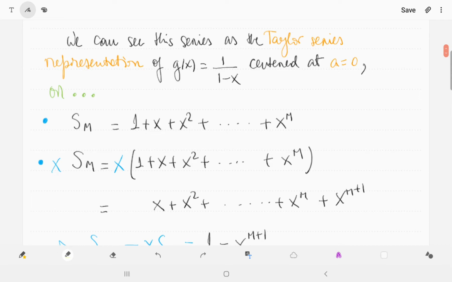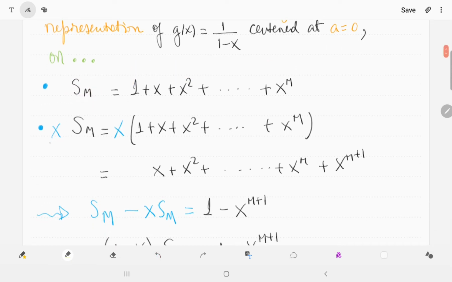We take the partial sums, remember, the sum up to m is just considering the first m terms of the series, and then we multiply this expression by x, in another line, and then if we distribute the x here, we have this expression. We kind of lose this 1, and then once we multiply by x, the x becomes an x squared, and so on and so on.